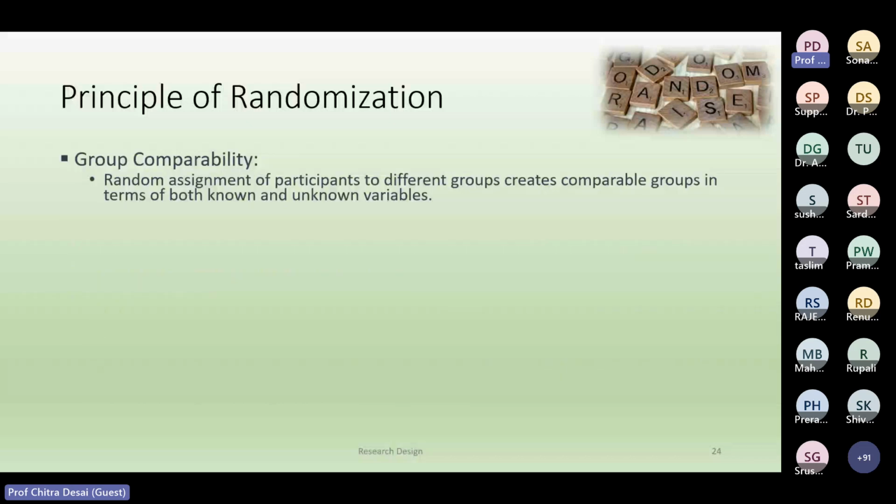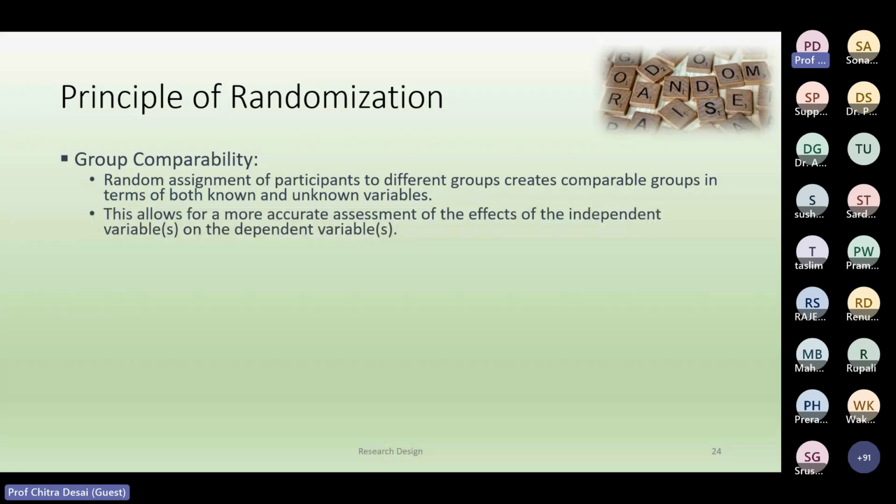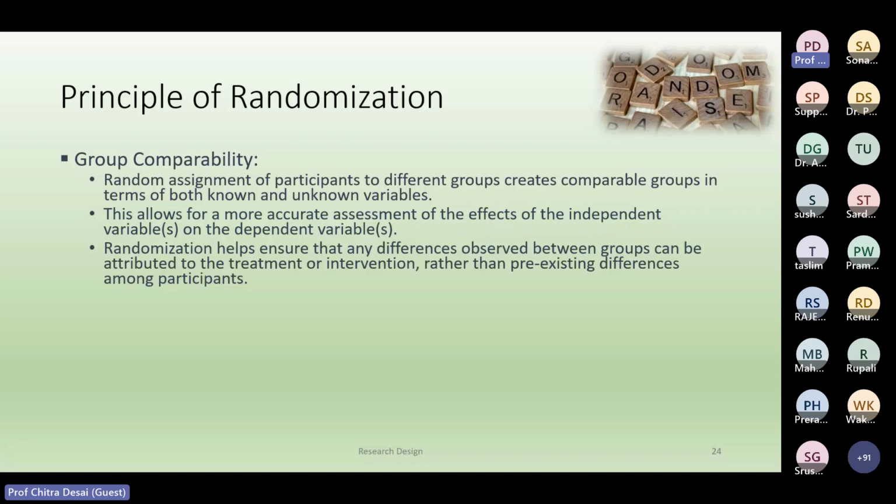Also, when it comes to group comparability, where you have different groups and want to see the known and unknown variables in them, randomization is going to help, because it gives an accurate assessment of the effects of the independent variable on the dependent variable. It also helps you understand that the differences you observe between the groups may be attributed to some treatment or intervention rather than just pre-existing differences among the participants.